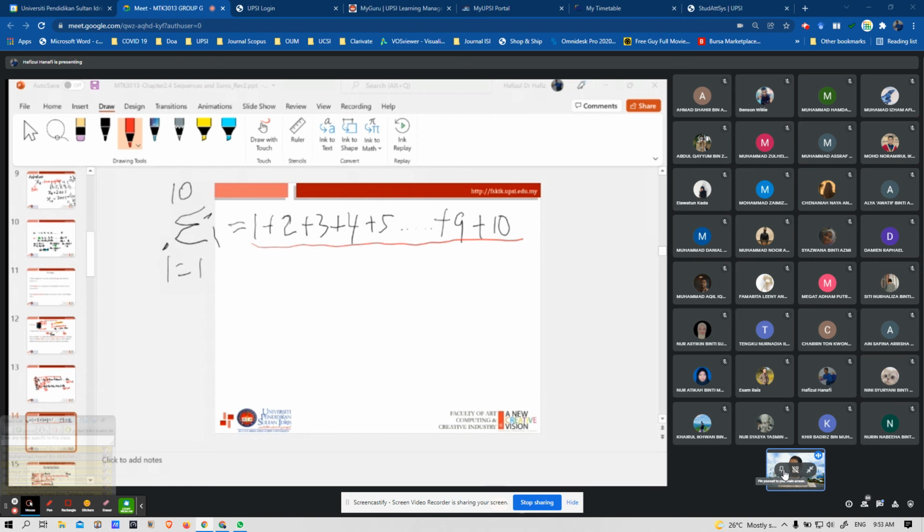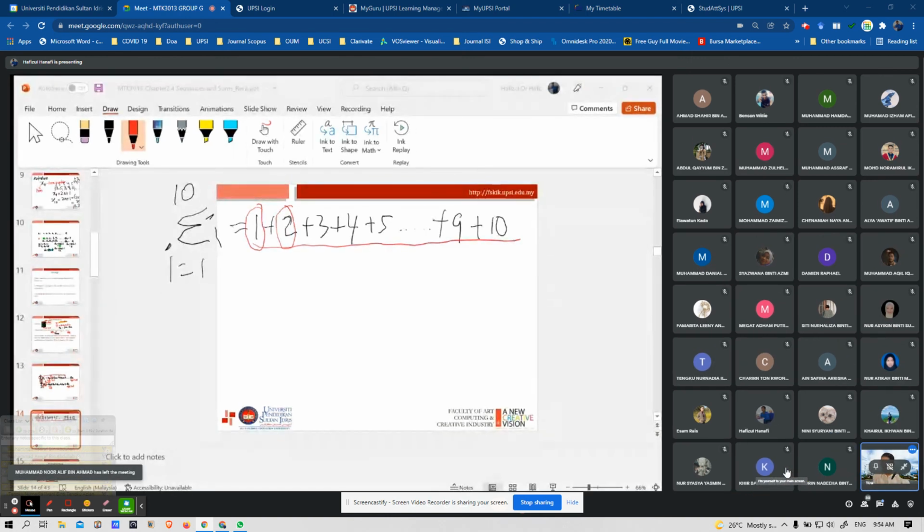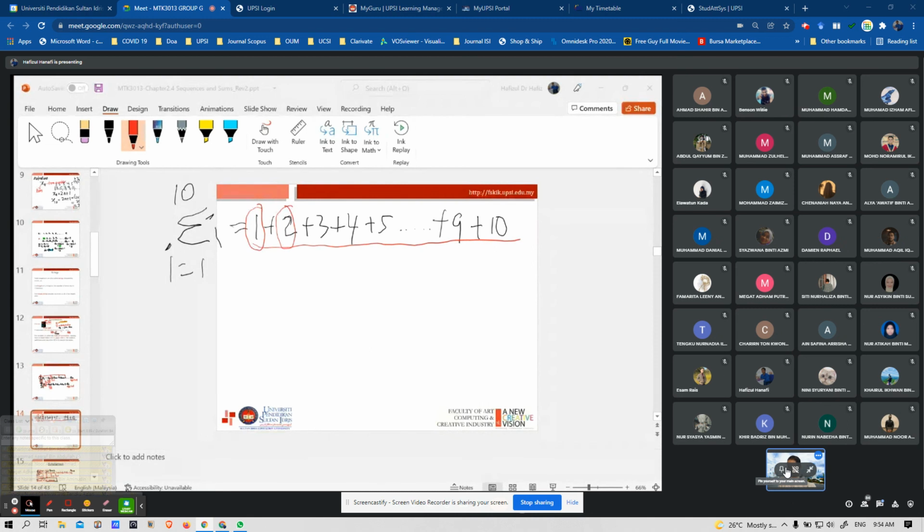Write down the 1 and then increment the index. So I will then be equal to 2. I equal to 1, and then I plus 1 is equal to 2. And you sum each of these terms as you go, and you will go until I is equal to 10, because we have defined the upper limit as 10.